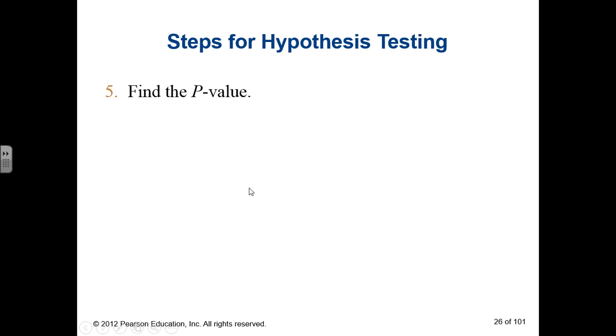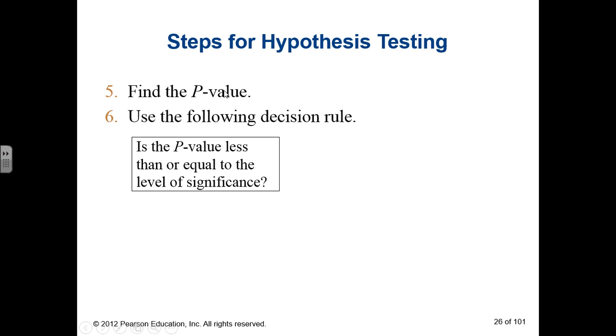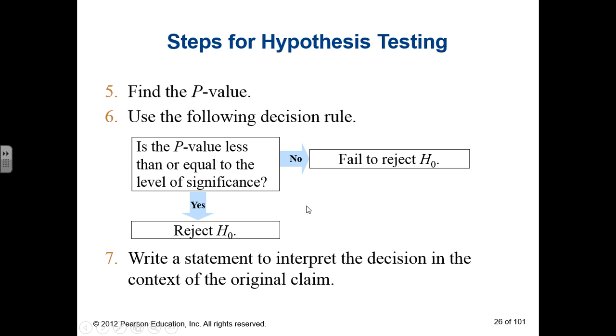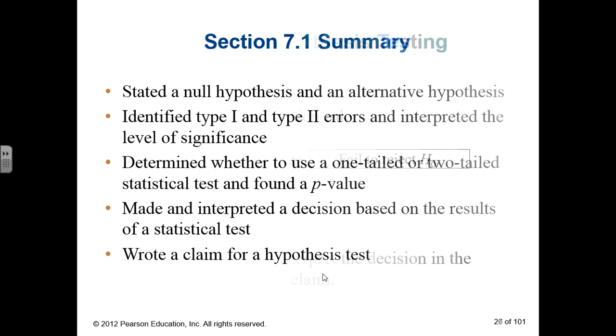Find the p-value using either the z standard normal table or the t distribution table that we used in 6.2. Then we use the following decision rule. Is p less than or equal to the level of significance? If the answer is no, then we fail to reject. If the answer is yes, we reject the null hypothesis. And then we can write a statement to interpret the decision in context of the original claim.